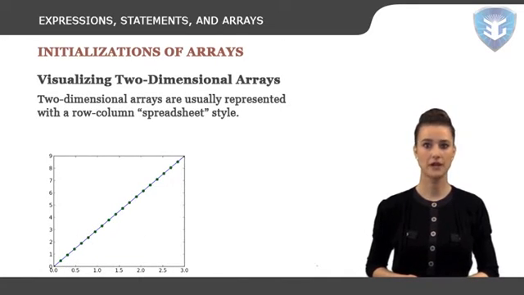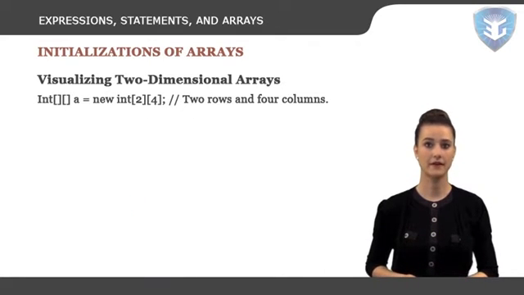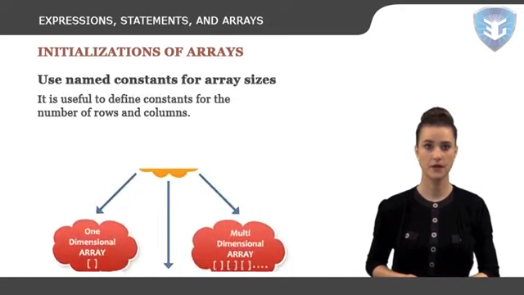Visualizing two-dimensional arrays. Two-dimensional arrays are usually represented in a row-column spreadsheet style. Assume one has an array, A, with 2 rows and 4 columns. Two-dimensional arrays are usually visualized as a matrix with rows and columns. Use named constants for array sizes. It is useful to define constants for the number of rows and columns.